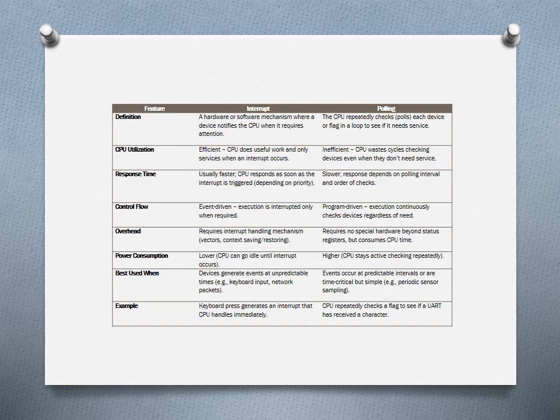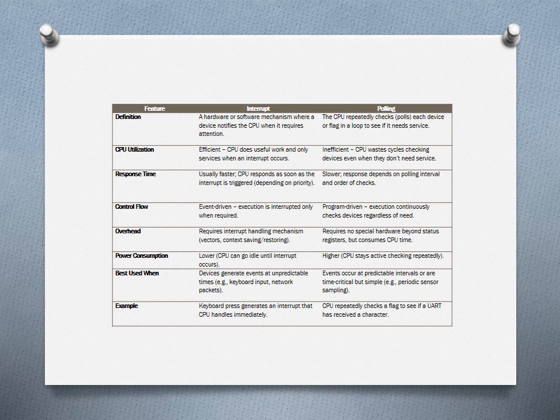The CPU responds as soon as the interrupt is triggered. And this is event driven, because the processor will be doing its work, and when an event occurs, the processor will be notified that the device needs a service, so the processor will go and service it.